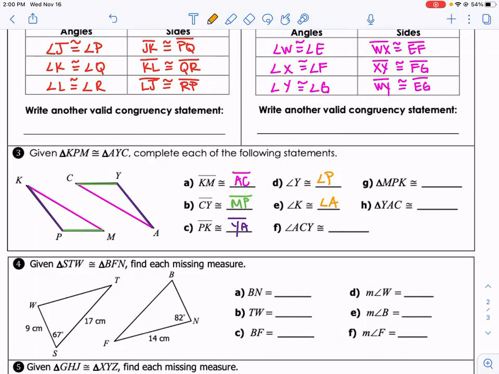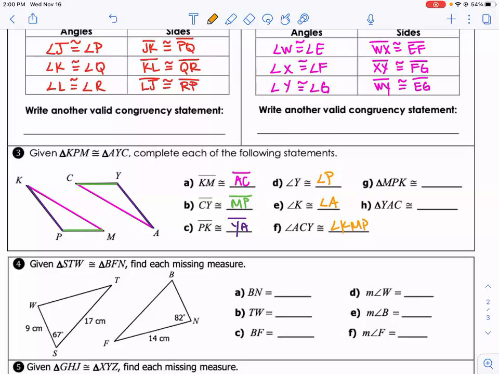ACY. So KMP. Would you do angle? It's an angle, okay, never mind. We can take 3 points to name an angle, and the middle one's the vertex.